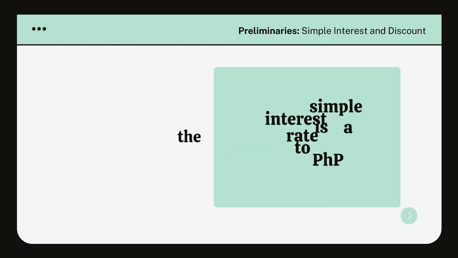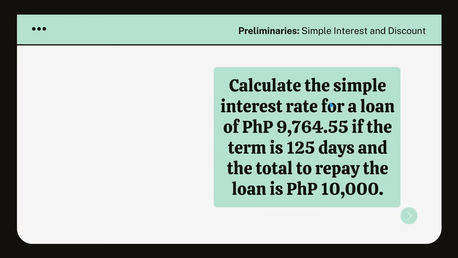Next, calculate the simple interest rate for a loan of 9,764.55 if the term is 125 days and the total to repay the loan is 10,000. Okay, so the answer here is 7.04%.